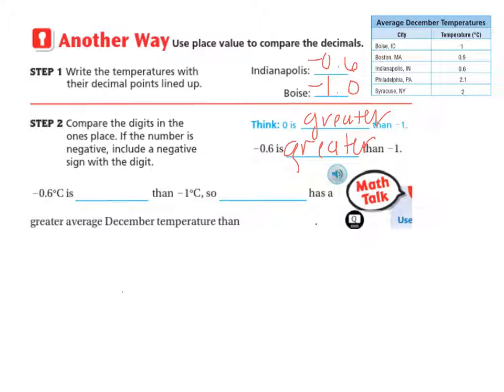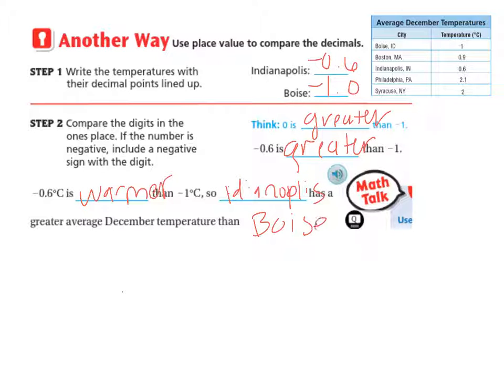So, negative 0.6 is greater than negative 1, which means negative 0.6 degrees Celsius is warmer than negative 1 degree Celsius. So, Indianapolis, it's terrible handwriting, has a greater average December temperature than Boise.